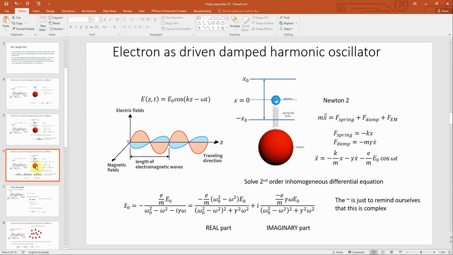So this is complex, but we can break it into its real and imaginary parts if we multiply everything by the complex conjugate of the denominator. That gives a real part where the numerator is the difference between the square of the resonant frequency and the driving frequency, and an imaginary part, which is proportional to the damping parameter.